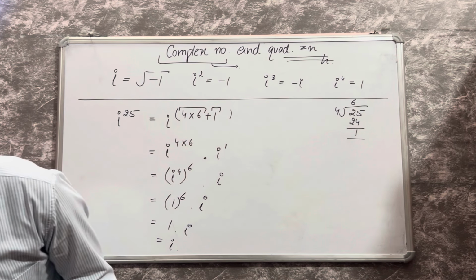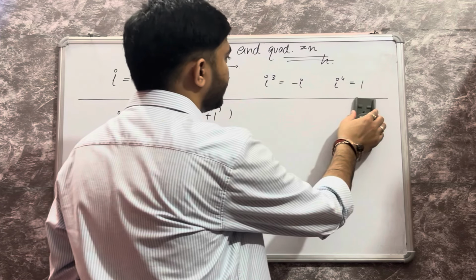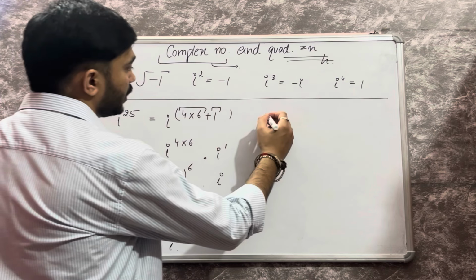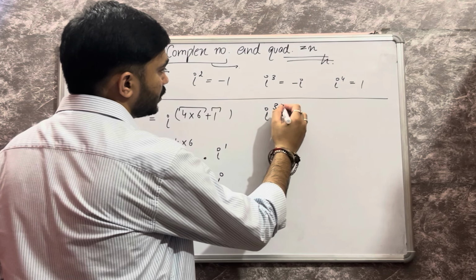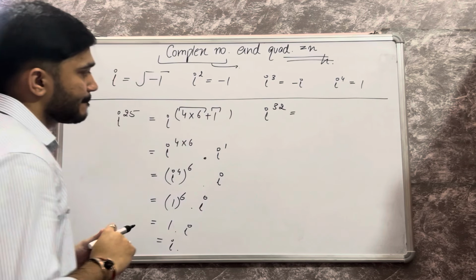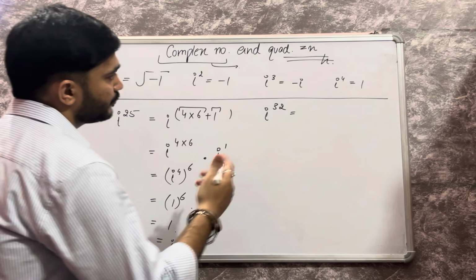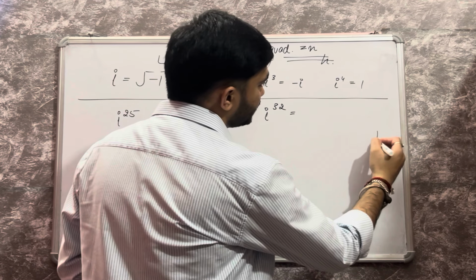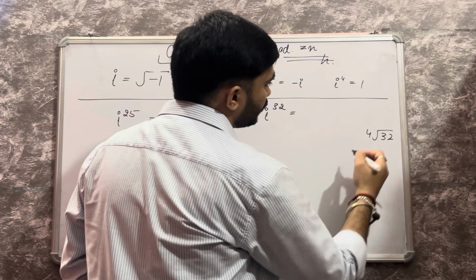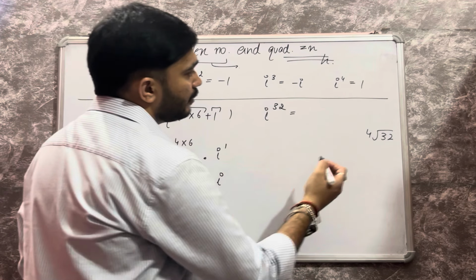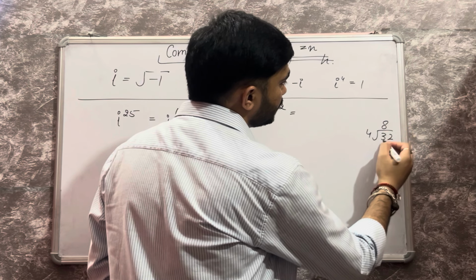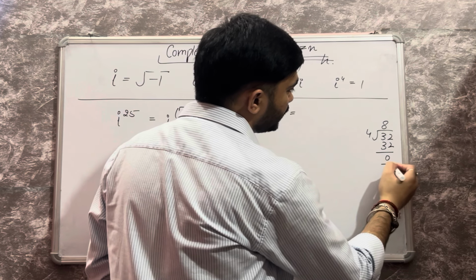In a similar way, let us find a much bigger value, that is iota raised to power 32. How are we going to do so? Firstly, divide 32 by 4. 4 eights are 32, and we get the remainder 0.